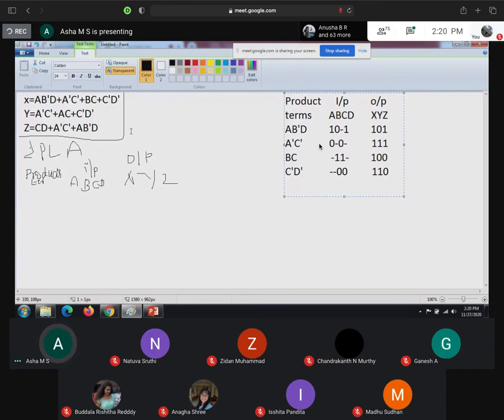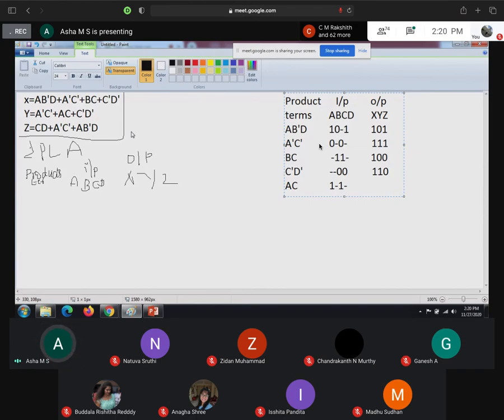Next product, A bar C bar, is already done; no need to use it once again. Next term is AC. A exists, value is 1, B doesn't exist, hyphen, C exists, the value is 1, D doesn't exist, so it's hyphen.